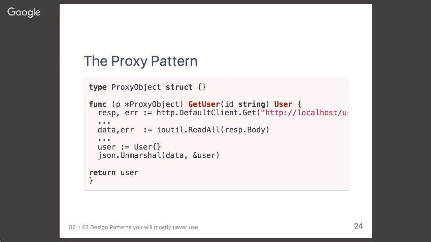And this is your classic example. So this literally just goes and gets some JSON from an API and returns an object. So I have an object which gets user, and that's all over you'll see that pattern used.